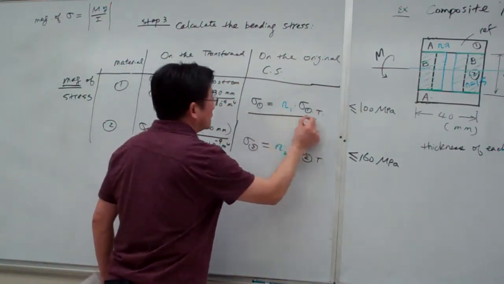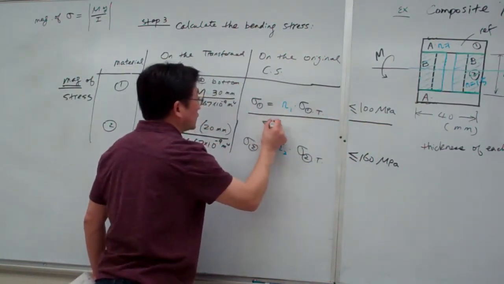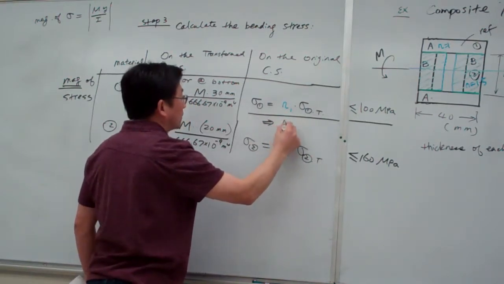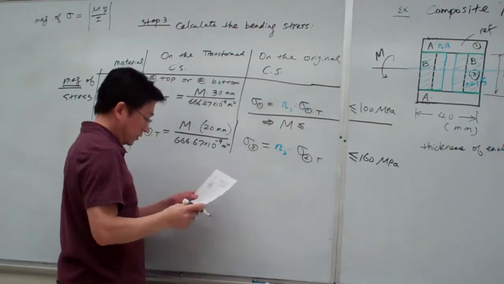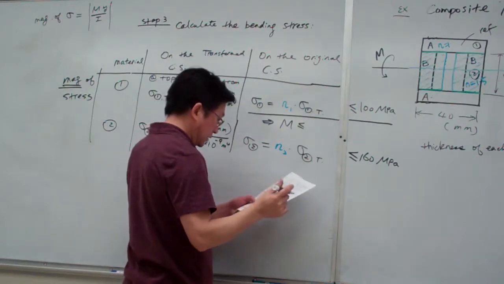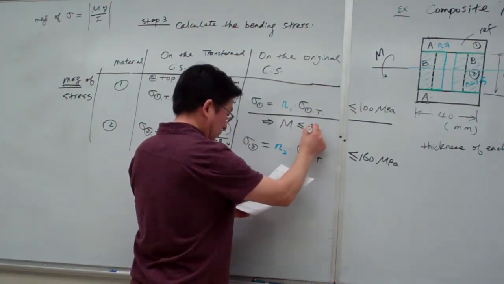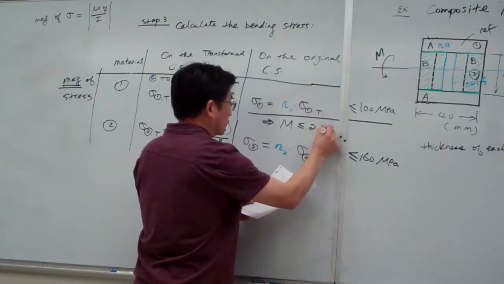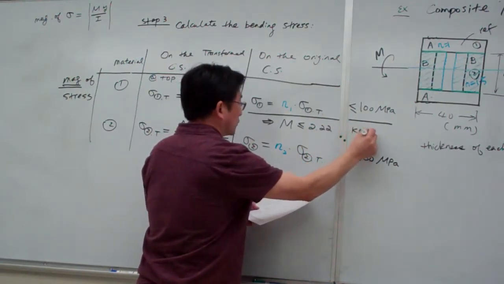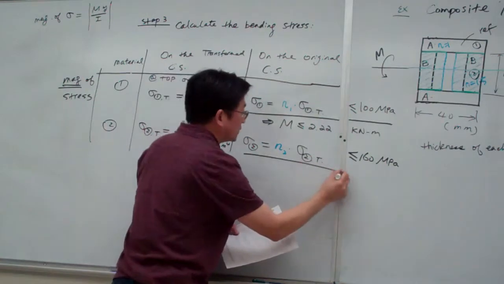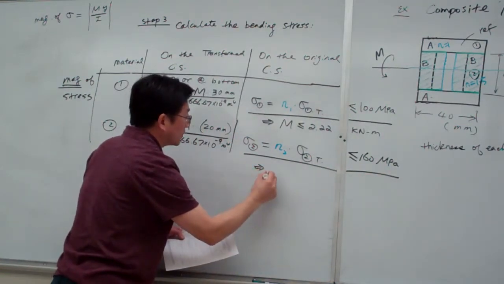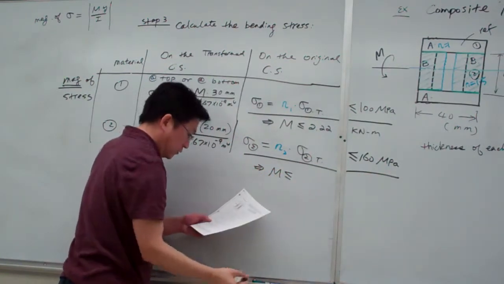So from these equations, you'll be able to calculate M is less than or equal to a number. Here is 2.22 kilonewton per meter.